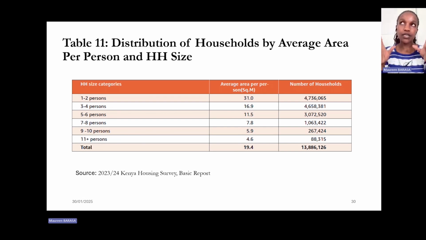And it was across 13,886,000 households. This data shows the more the people, the lesser the average area per person, and it will be shown in the fitness for habitation data in a future slide.